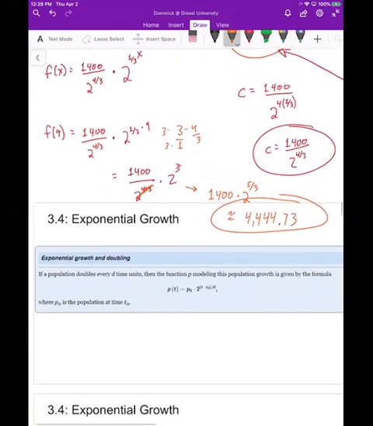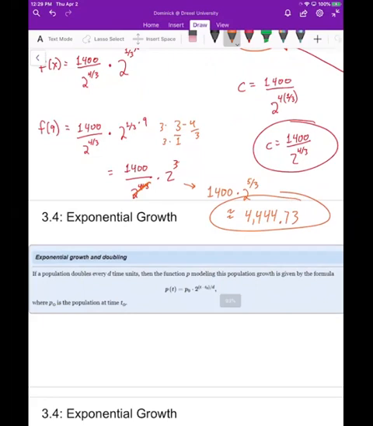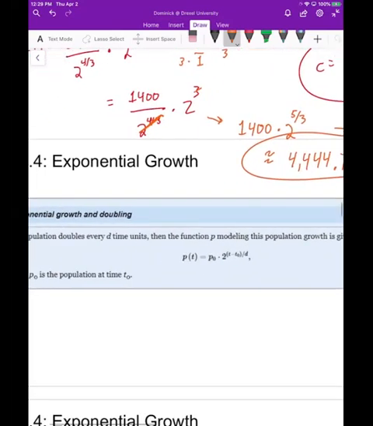All right. Now it turns out that we can model this in a little bit more of an efficient way. Okay.